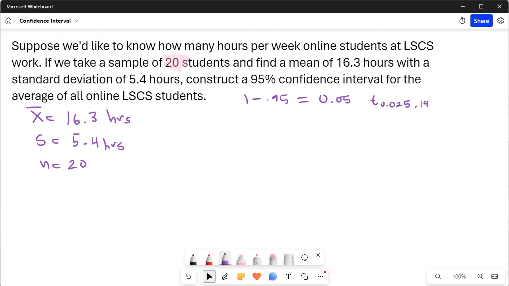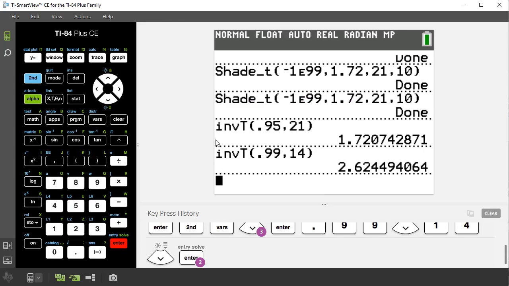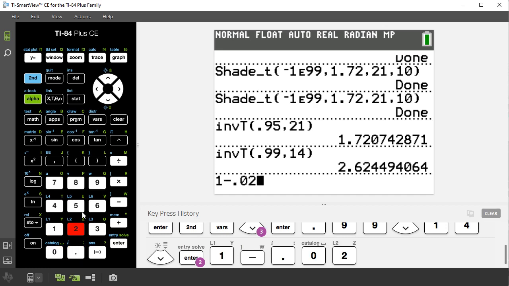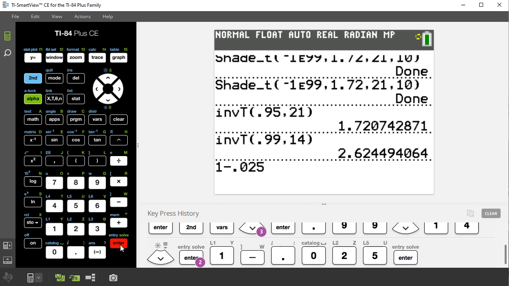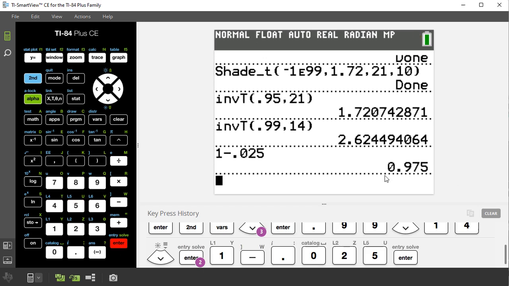And what we can do here is look at the fact that part of the area accounts for what's to the left of it. So if we take 1 minus 0.025, then we're looking at 0.975 to be the area.